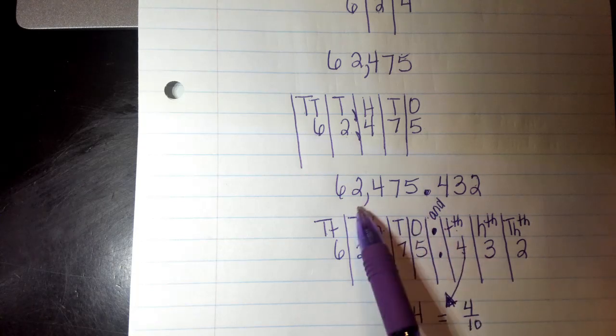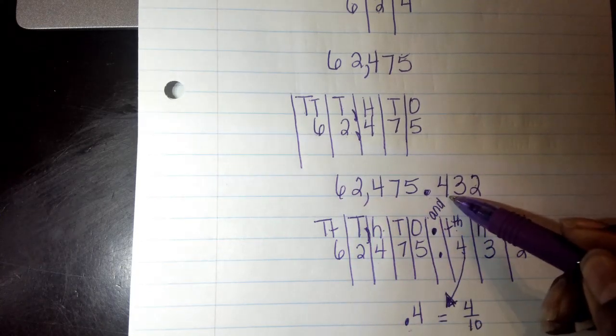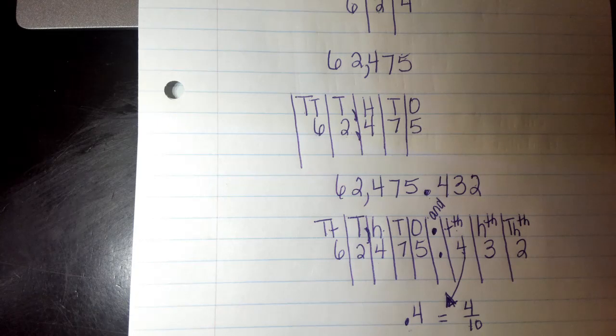So we would say 62,475 and 432 thousandths. We're also just making sure that they know how to say the number, because that also takes control of that value and lets them know about the value of the number. So that's an important skill to have.